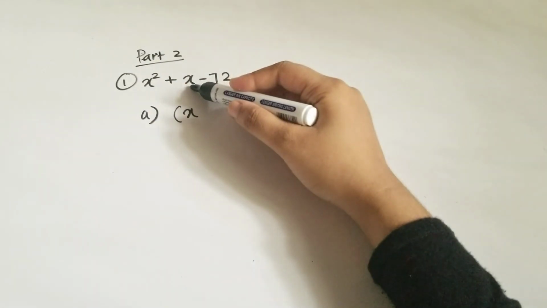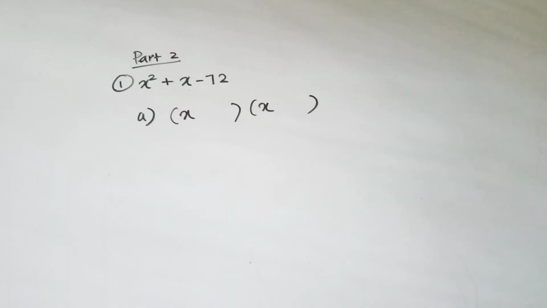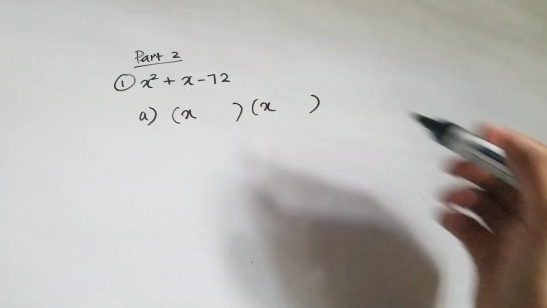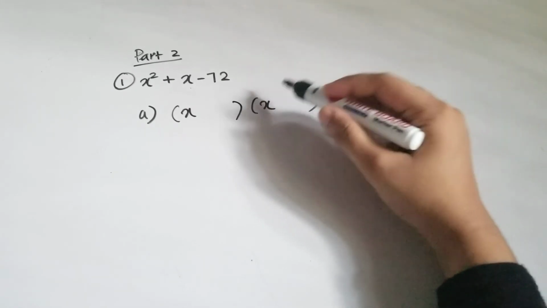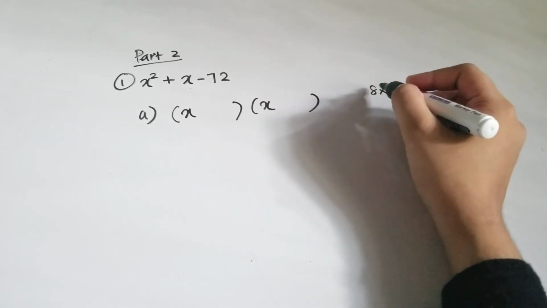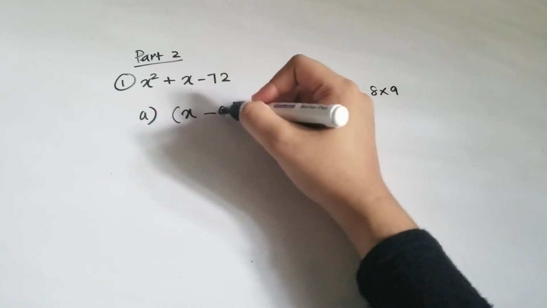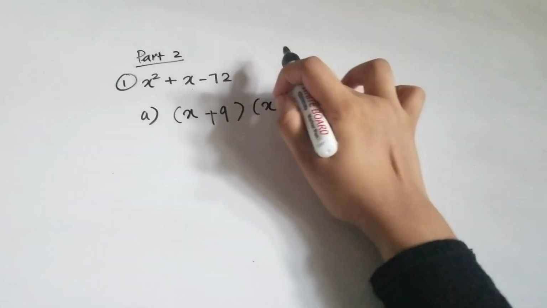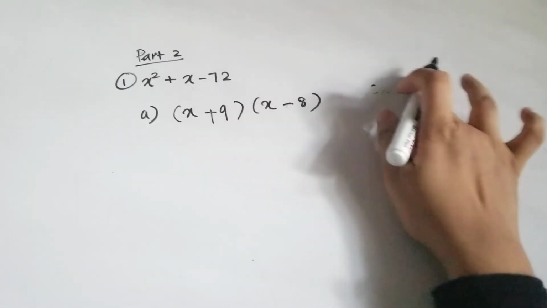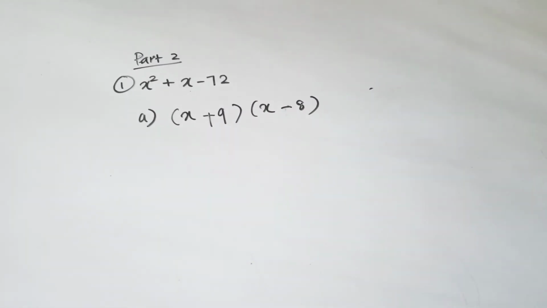We can take 8 and 9, 8 into 9 is 72. So if we need plus 1, we can take plus 9 minus 8. Factors are, see, I didn't do any working, we just did it. So these are the factors of this term.